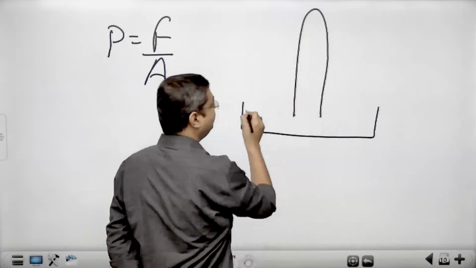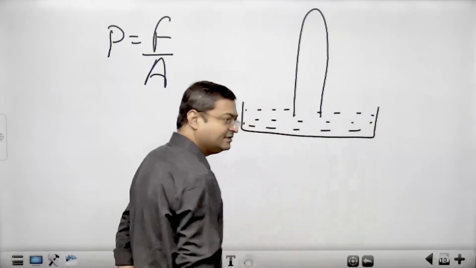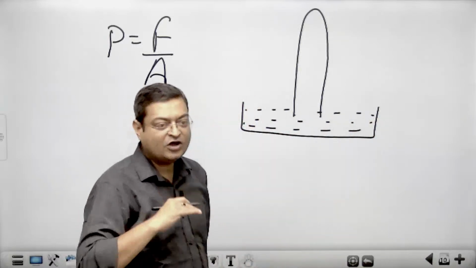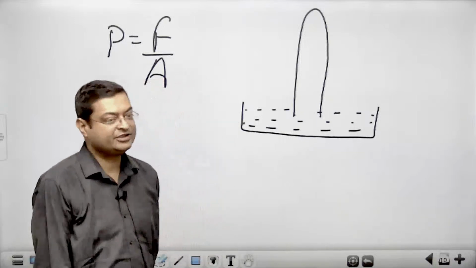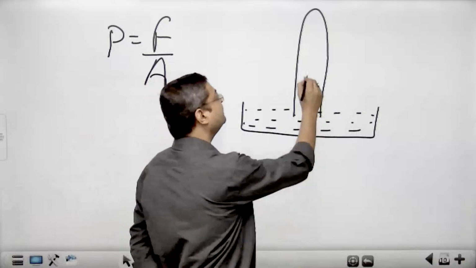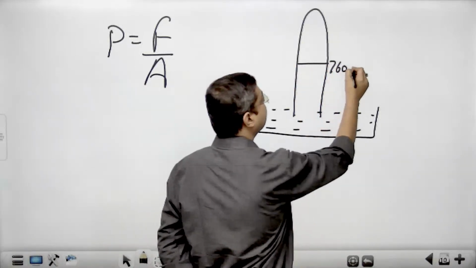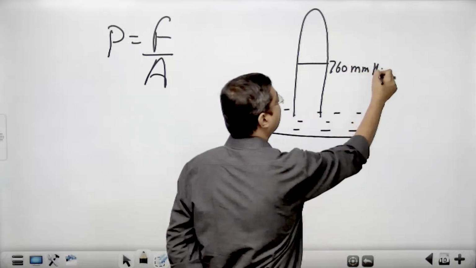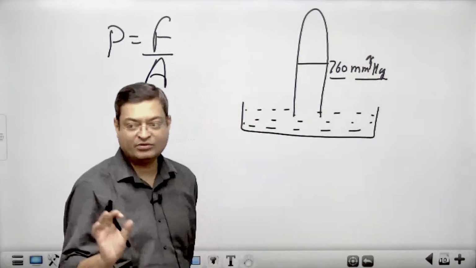It is filled with mercury. In normal circumstances, the air puts pressure on the mercury, so the mercury level rises up to 760 mm of Hg. This is your normal pressure.